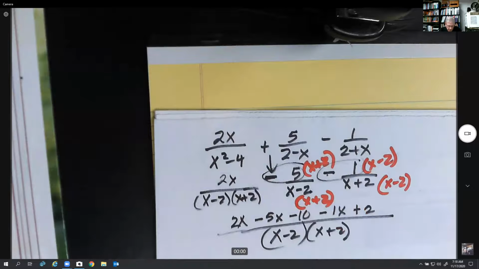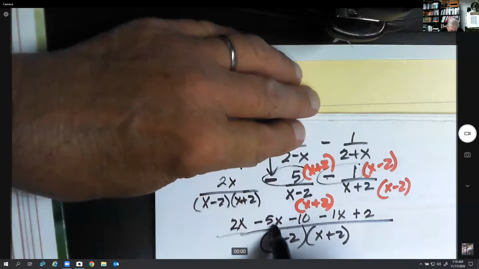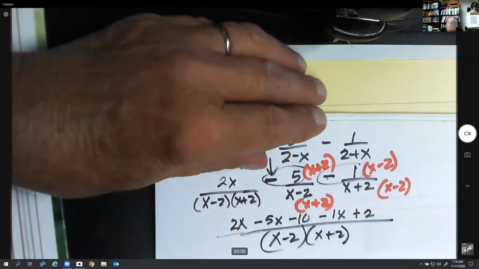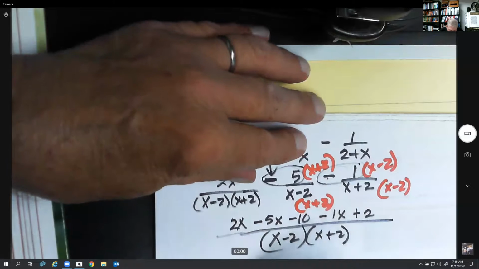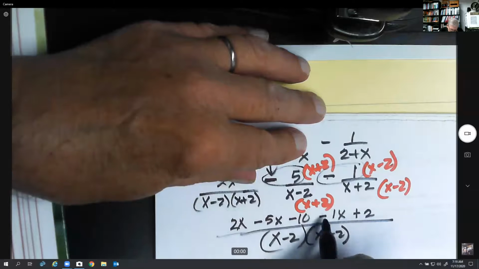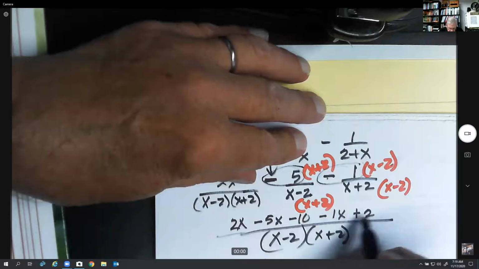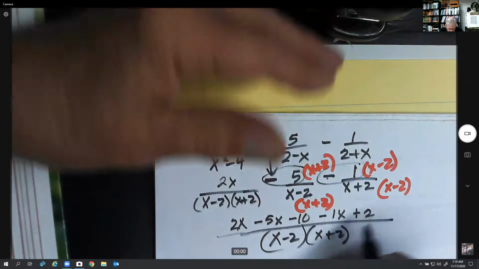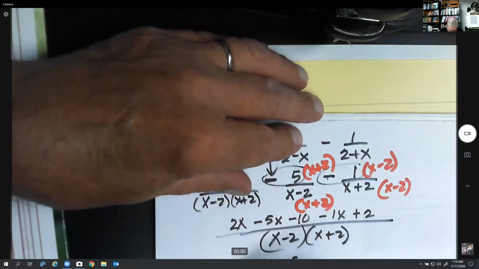Now I'm going to combine like terms. Let's see, I've got 2x minus 5x minus 1x. What would that be? Negative 4x. Is that right? No, let's see. Yeah. And then whole numbers, negative 2, negative 10 plus 2, negative 8. This was a negative 4x over x minus 2, x plus 2.